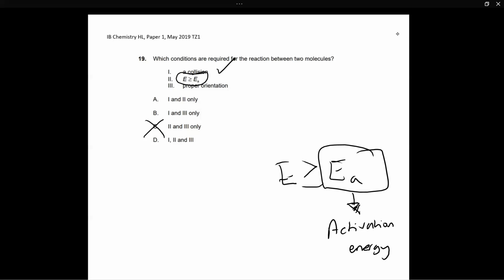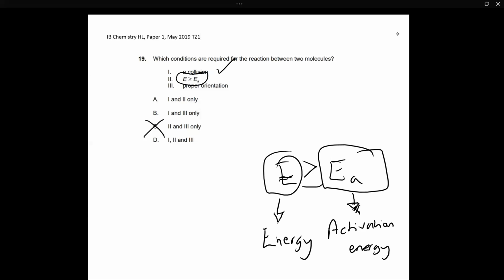And E is nothing but energy. So they're saying that energy should be greater than or equal to activation energy. And yes, that's true.